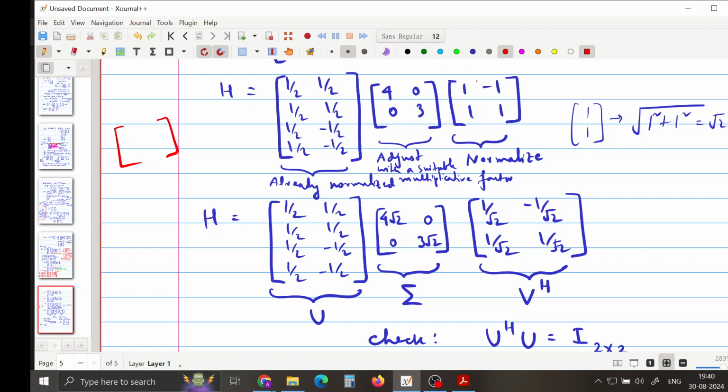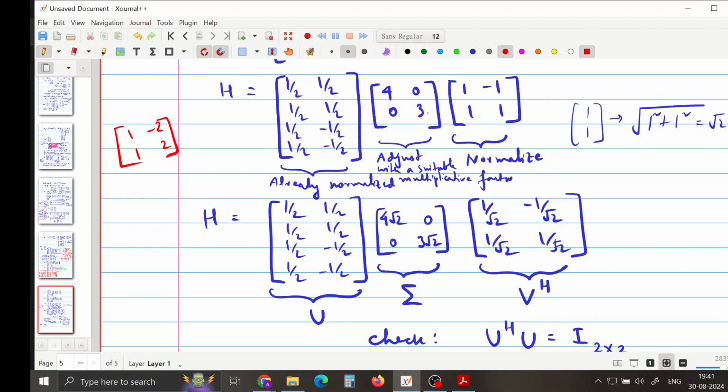Clearly they are orthogonal, because if you take the inner product of 1 1 with minus 1 1, the inner product is 0. It could also have been minus 2 2, and then also it would have been orthogonal. And also we have to make sure that it is of unit norm.